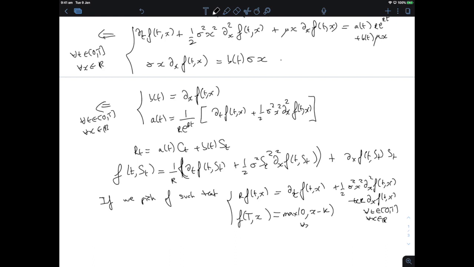So if we ensure that we have a solution to this partial differential equation matching that final data here, then what do we get?